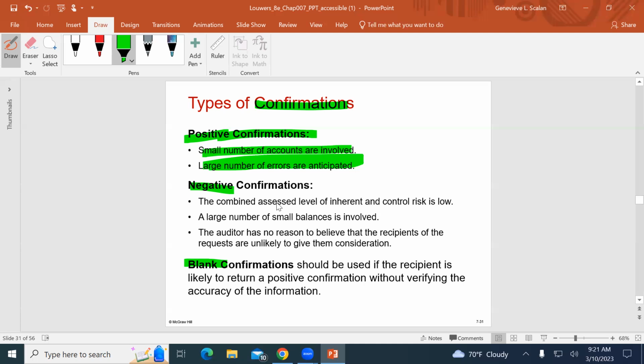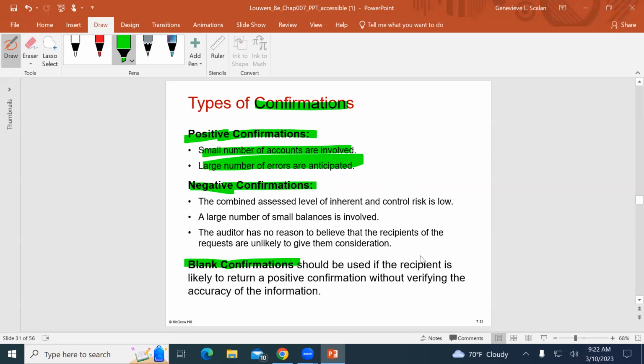That's a negative confirmation. It means you won't get anything back if everything's fine. So it's a little riskier, because you won't really know if they actually read your email, text, or fax and just threw it away, or if they actually thought, oh yes, this balance is fine, I'm not responding.